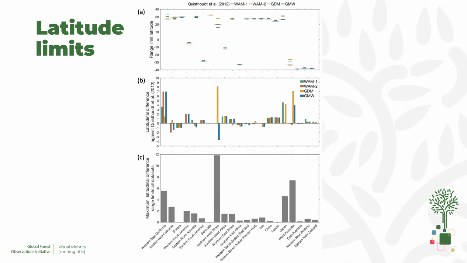And another one, figure C, is the maximum latitudinal difference across all maps. They have a big difference mainly in these 3 places: Baja California, North and West Africa, Japan, and West Australia. They have a huge difference between the maps.